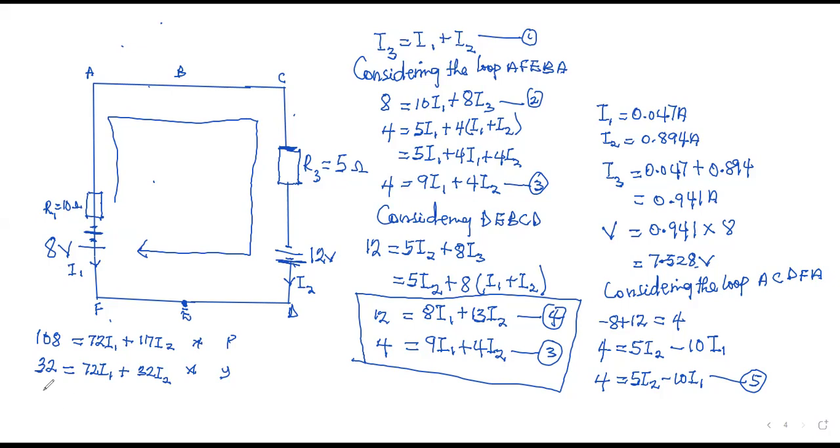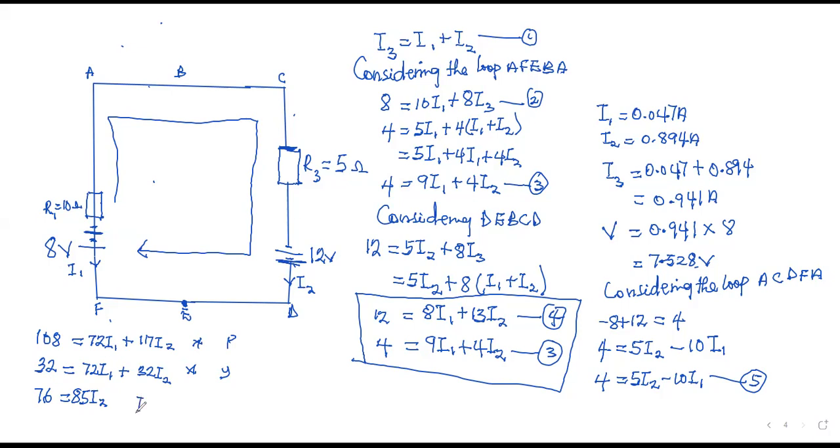We have 76. I1 will vanish. And then 117 minus 32. We have 85. I2.